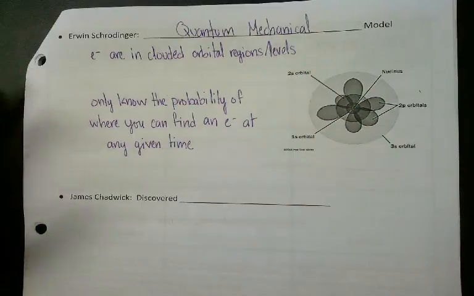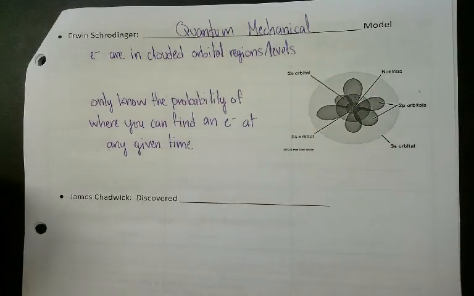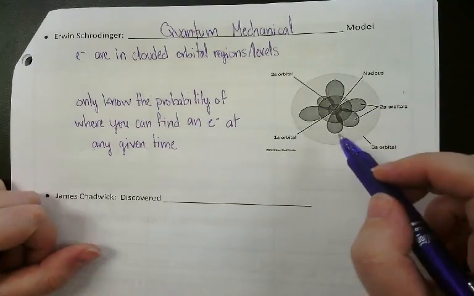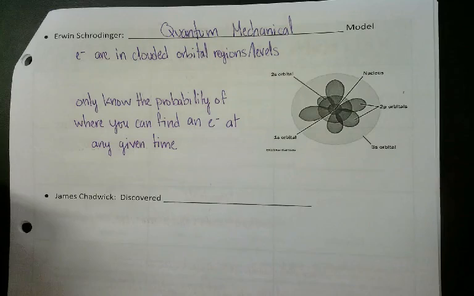So Schrödinger is big on probability, okay? So basically what he's saying is there's this region where the electron is hanging out, okay? You can only know the probability that you're going to find it in this exact spot in this region. You cannot know for certain where this electron is located at any point.